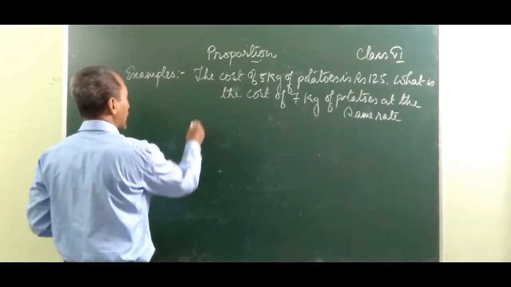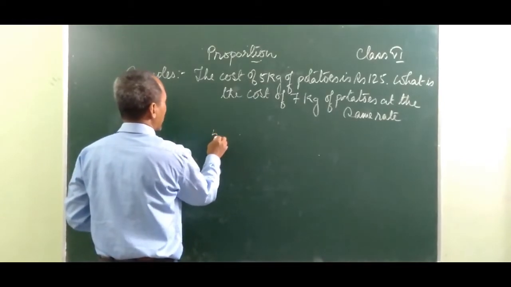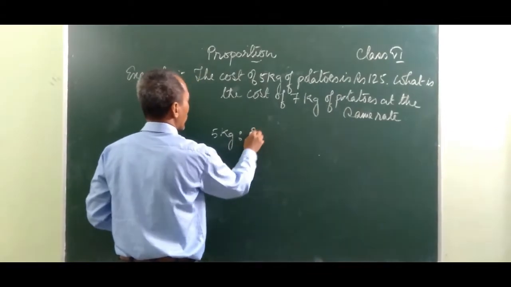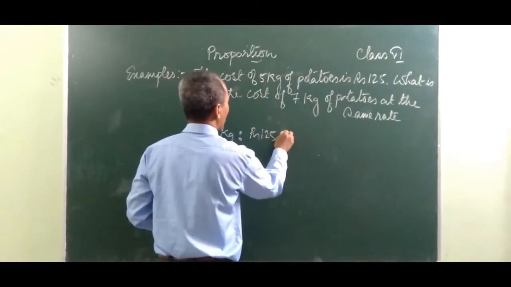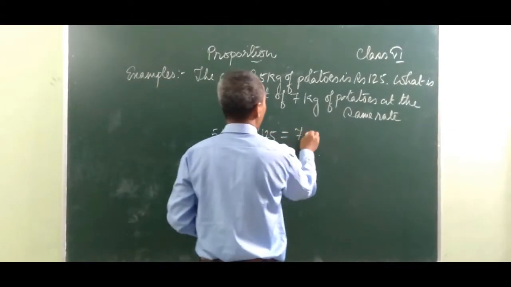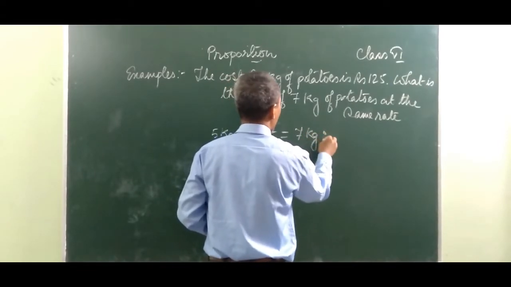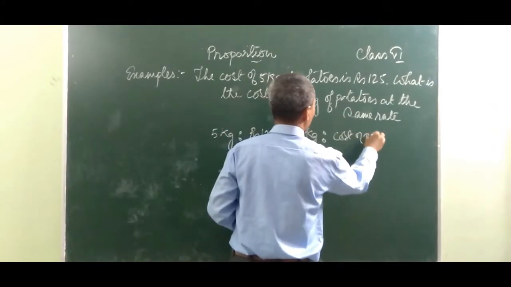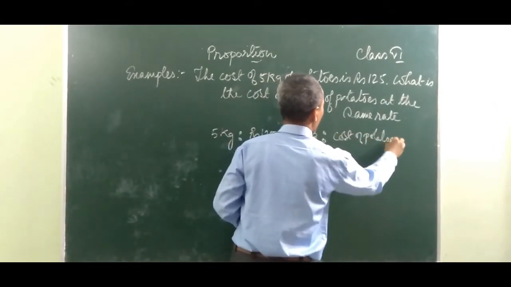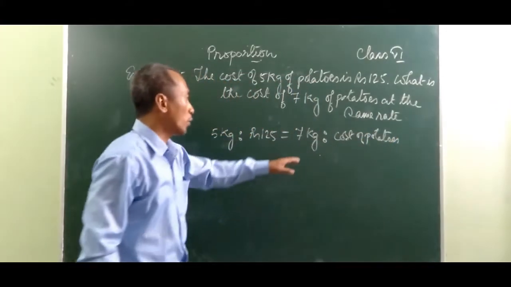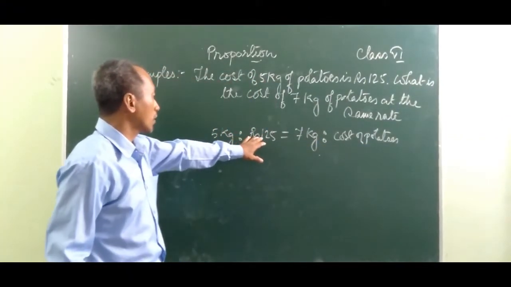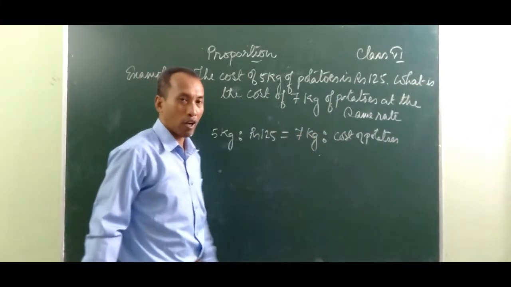So here we take it as 5 kg is to rupees 125 equals 7 kg is to the cost of potatoes. We do not know the cost of potatoes here. We know that 5 kg is 125, so 7 kg will be how much?